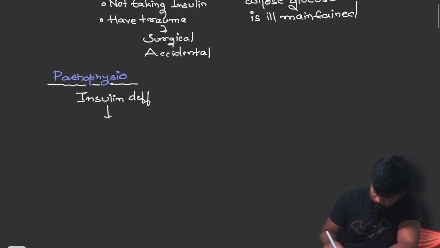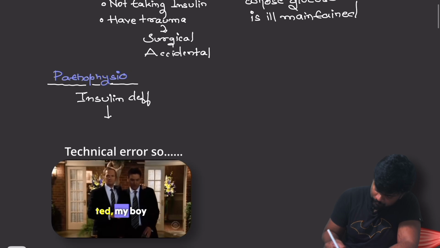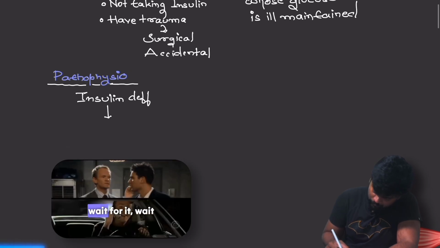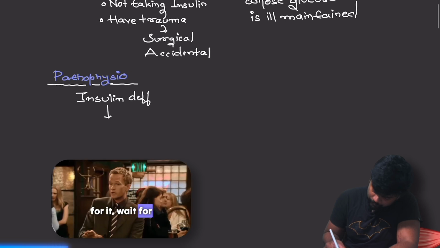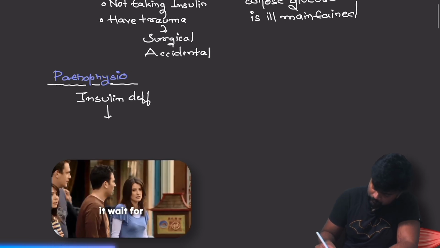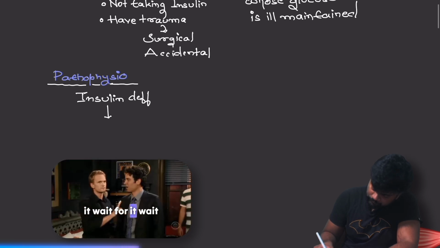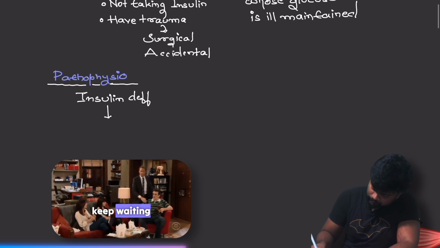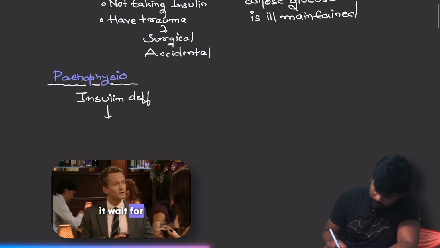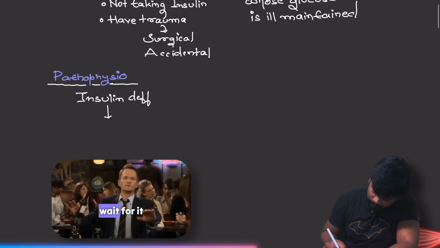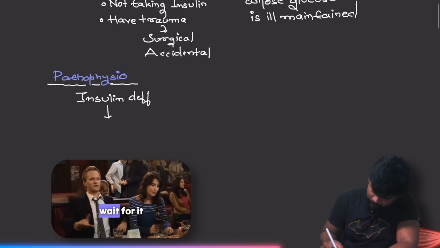So as GLUT4 doesn't work, it causes blood glucose to increase and cellular glucose to decrease. Here this we call hyperglycemia.